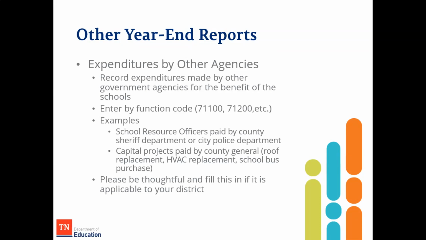Some examples would be school resource officers that are paid by the county, or a police department that pays a portion or all of your school resource officers. Another example would be capital projects paid by the county general, maybe some HVAC replacement, school buses, or roof replacement. Those are just a few examples of expenditures paid by other agencies.